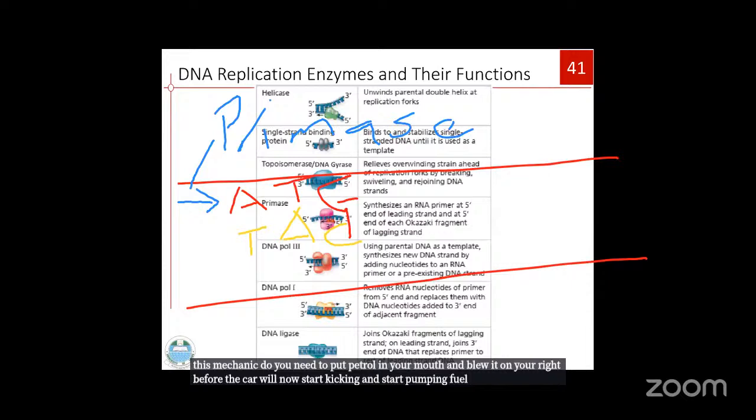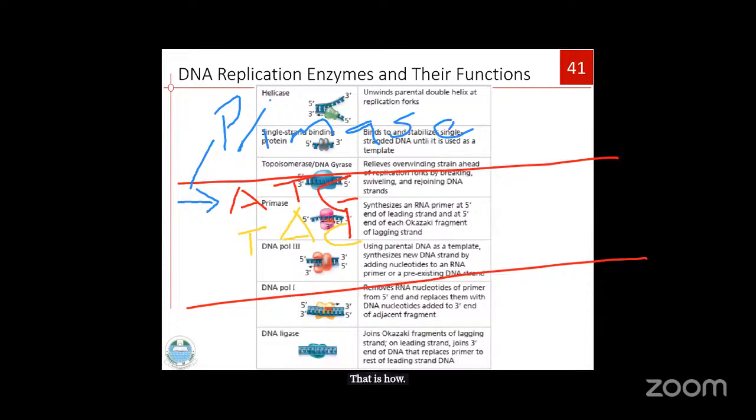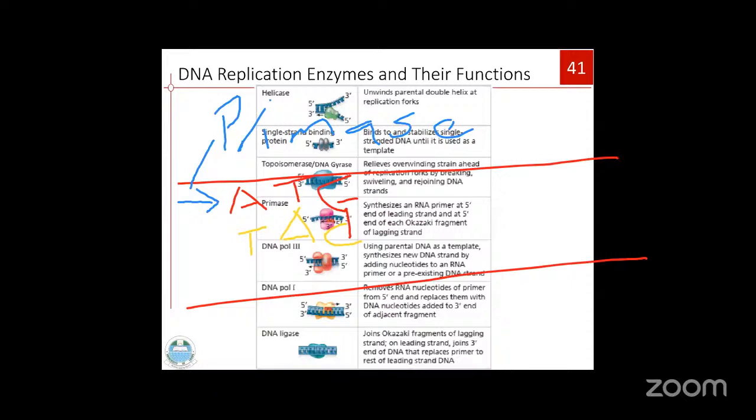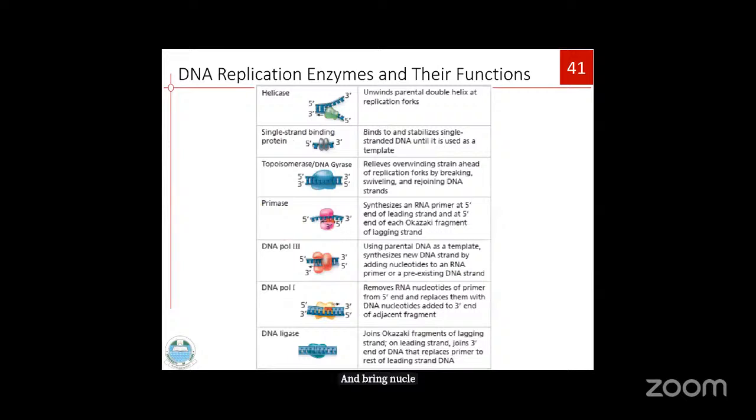That's what RNA primase does. RNA primase needs to prime that replication, needs to initiate. So it lays short RNA primers before DNA polymerase 3 will now come in, bring nucleotides and elongate that strand.